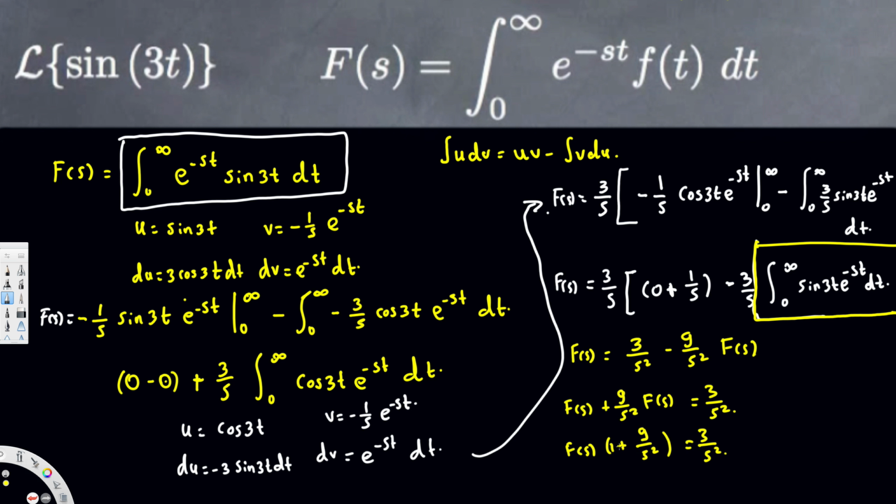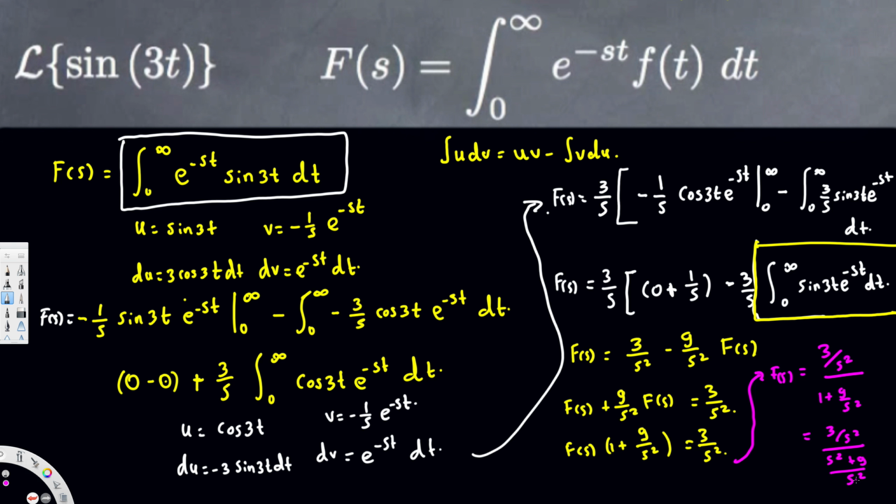Okay, now we are going to move this one to this side. Let's use a different color because we have so many things going on here. If we move this to the other side, F of s is equivalent to 3 over s square divided by 1 plus 9 over s square. If you take s square as the common denominator, this turns into 3 over s square over s square plus 9 over s square.